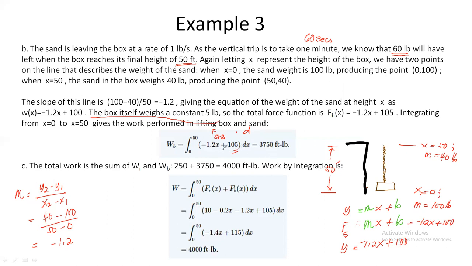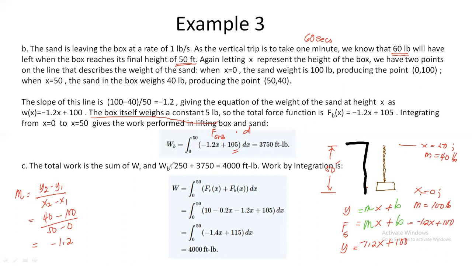So your answer in this case, if you process this with the power rule, you will have negative 1.2x squared divided by 2, and this one would be 105x. Then you substitute the limits 0 to 50. After that, you just get the value, which is 3,750 foot-pound force. This is on the assumption that the mass is already force units, so pound force.